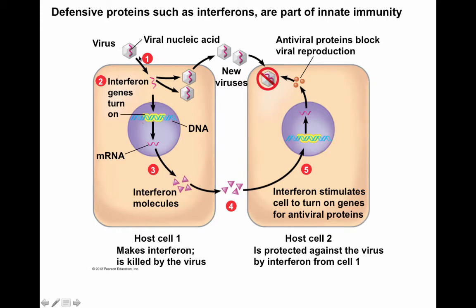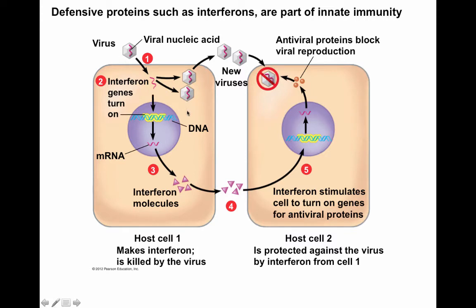Host cell number 1 is unfortunately infected by this virus. The virus binds and injects its nucleic acid, and then this host cell becomes a virus factory. It starts replicating the nucleic acid and making viral proteins. These things assemble and are released from the cell, so it is churning out virus.